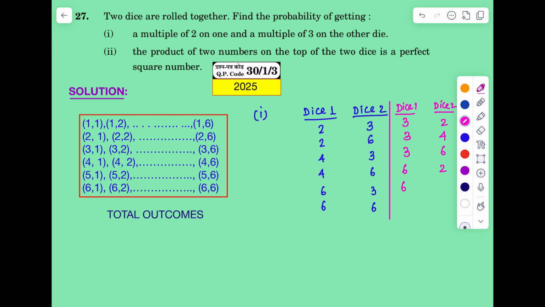Similarly 6, 2, 6, 4 and 6, 6. The same one we have already got.